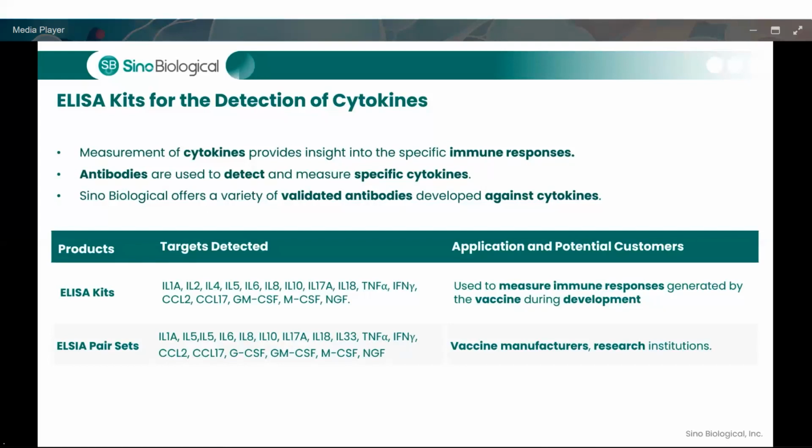To support the evaluation of CAR-T and CAR-NK cell therapy cytotoxicity, Sino Biological offers high-quality cytokine ELISA kits, as well as cell line development services for cell killing assay development.